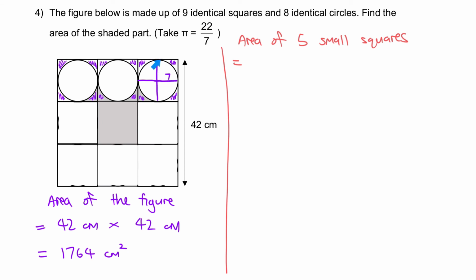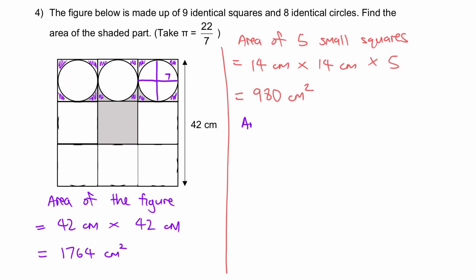Radius is 7, so this whole thing is 14. So 14 times 14, that will give you the area of 1 small square. We want to have 5, so we multiply it by 5 to give us 980 cm square.